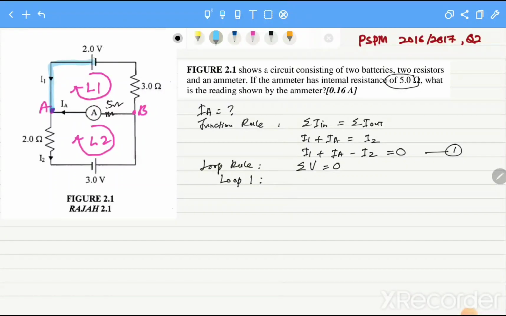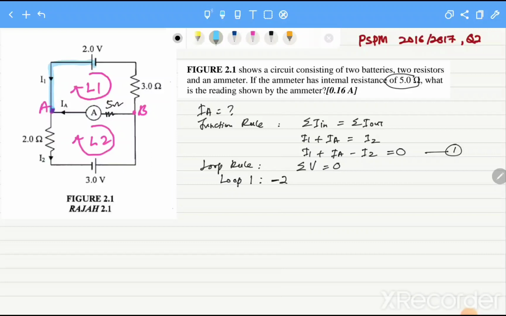Because we move from the positive to the negative terminal, we are moving from high potential to low potential. Because we are moving from high to low potential, it is a voltage drop, so we need to use a minus sign. So negative 2, -2 for the voltage drop in the battery.